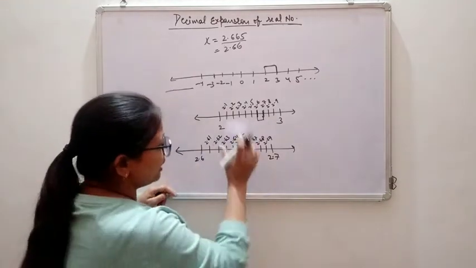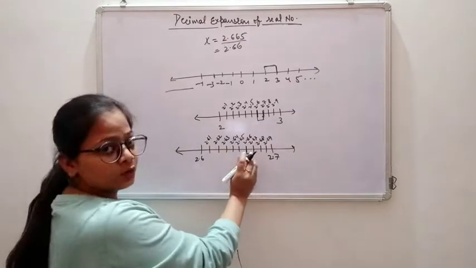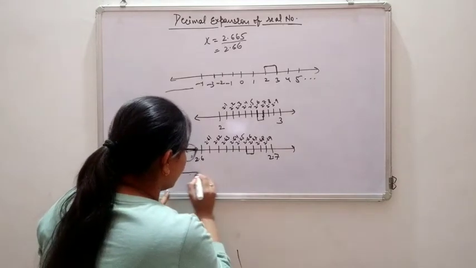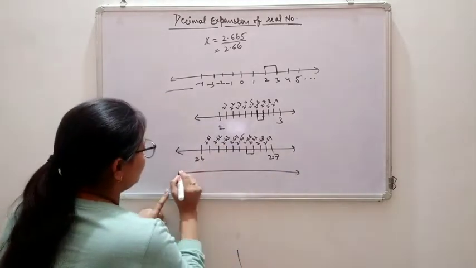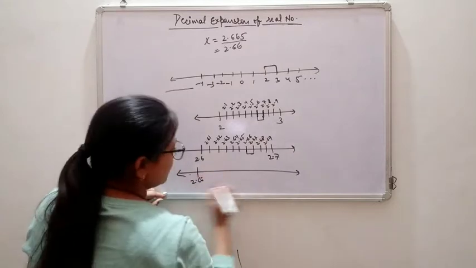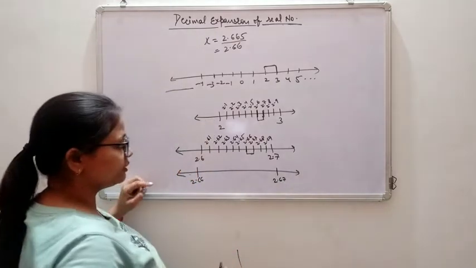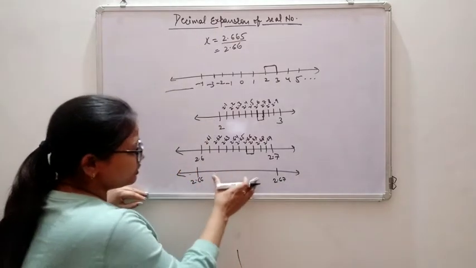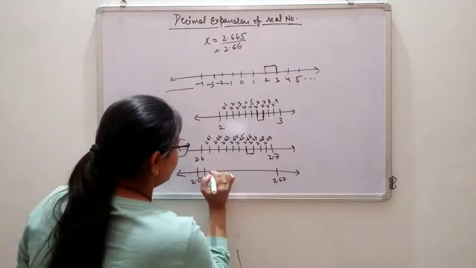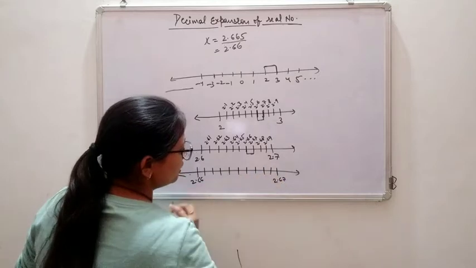So let's again magnify this portion, 2.66 and 2.67, right? Let's take again a number line and mark 2.66 here and 2.67. Clear? And divide this portion again in 10 equal parts. 1, 2, 3, 4, 5, 6, 7, 8, 9. Right?